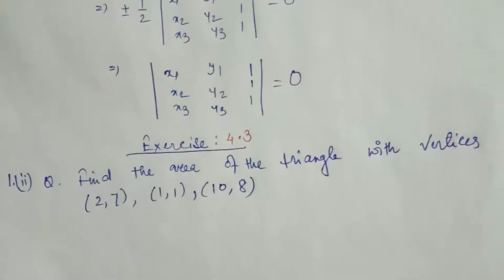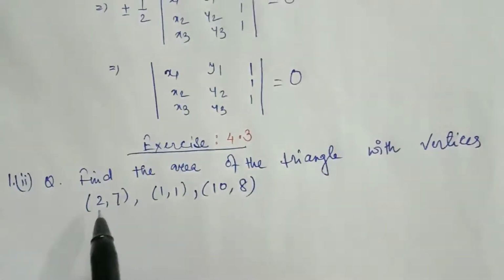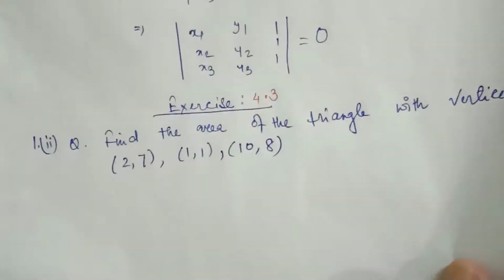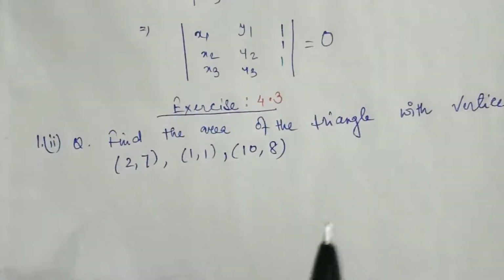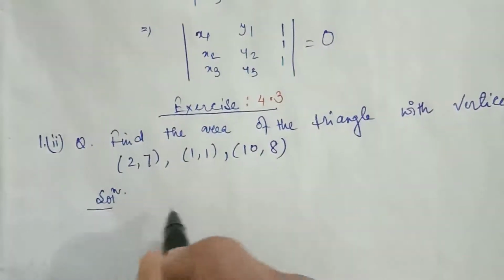Let us start with one simple question from exercise 4.3. Find the area of the triangle with vertices (2, 7), (1, 1), (10, 8). Now we can use the formula for area of a triangle, but in class 12 we have to use determinant. So using determinant we have to find the area of the triangle.